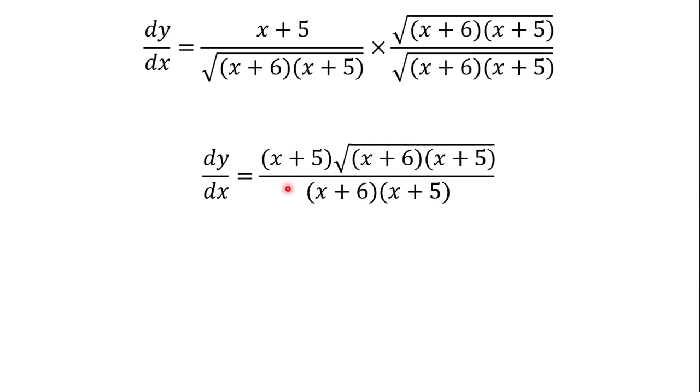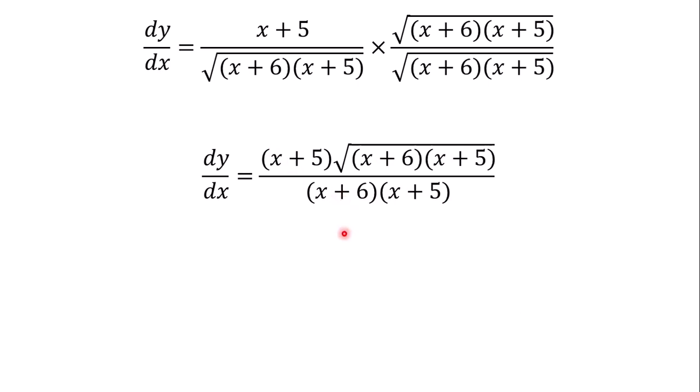Good. Now dy over dx equal to x plus 5 times square root of x plus 6 times x plus 5 divided by x plus 6 times x plus 5. Here we can do cancellation, so this one will cancel out with this one to be left with the whole of this over this one.